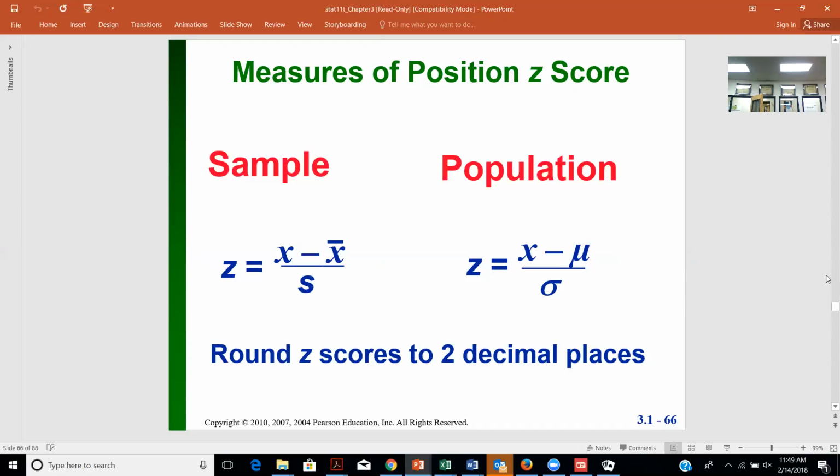So the z is x minus x bar over s, s being the standard deviation. And what this does is give you essentially a number of standard deviations.